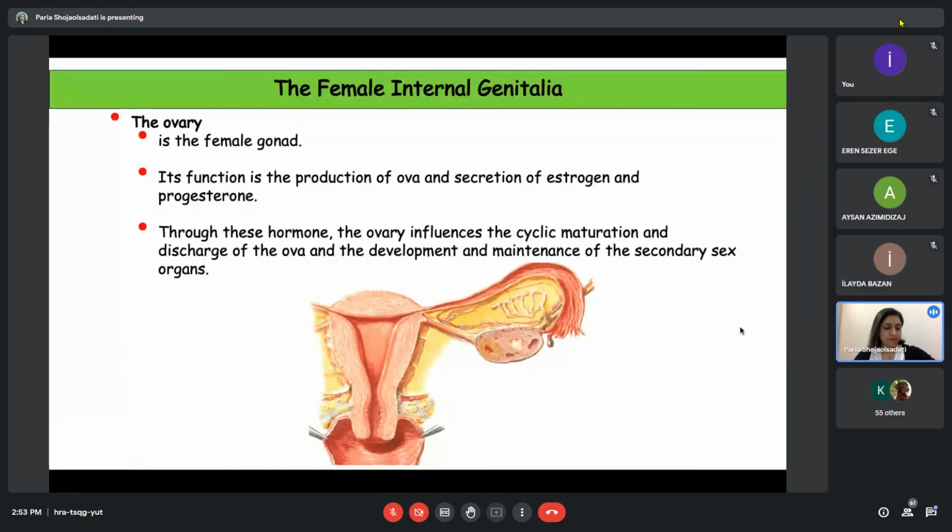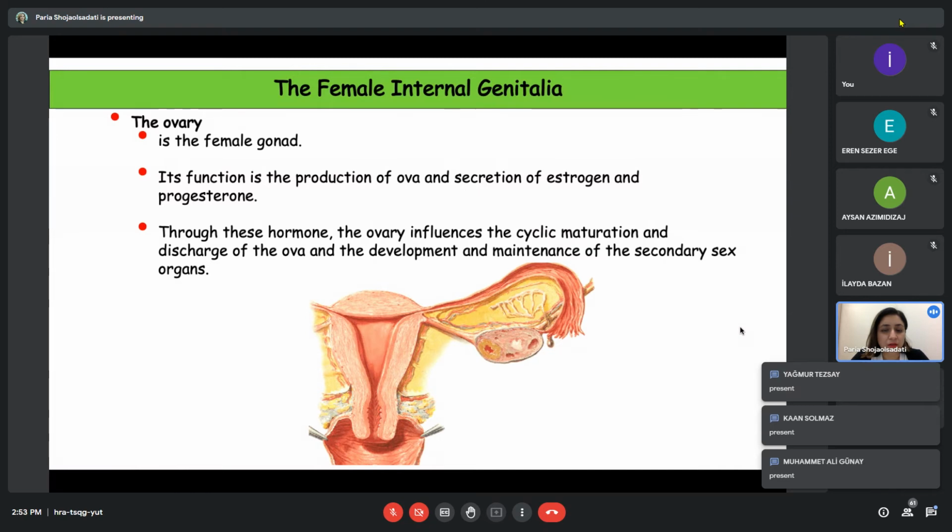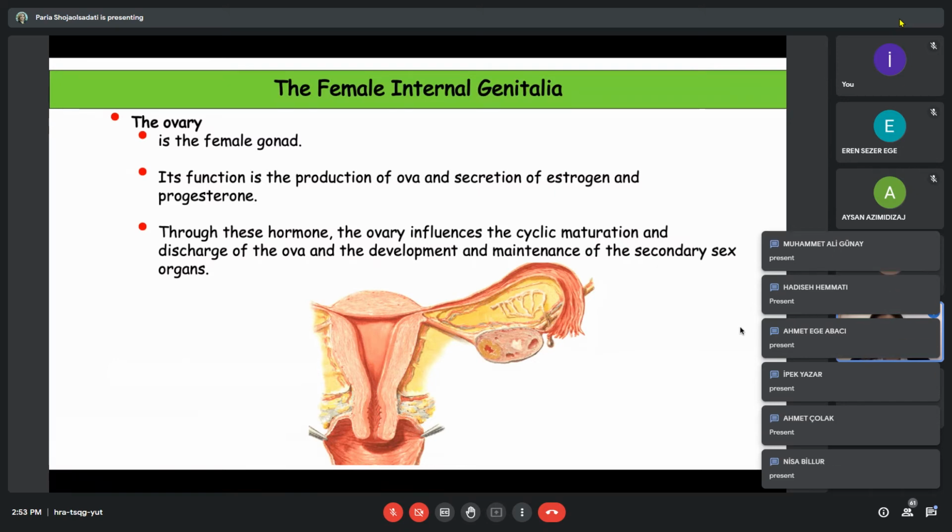In the second part of the lesson, we try to learn different things about the internal genital anatomy of the female. The ovary, as I mentioned before, is a gonad and an essential part of the system.